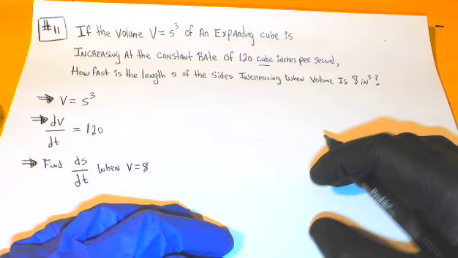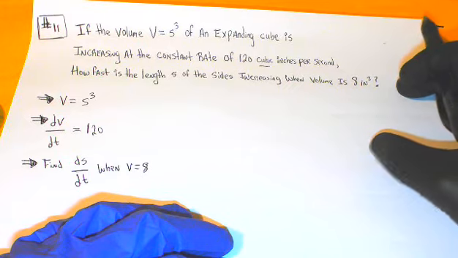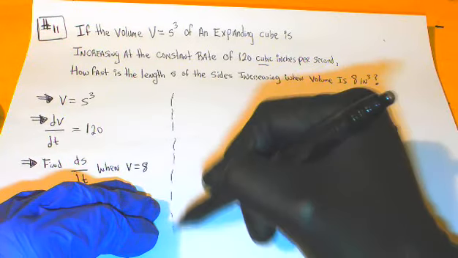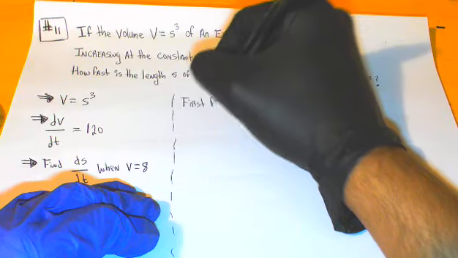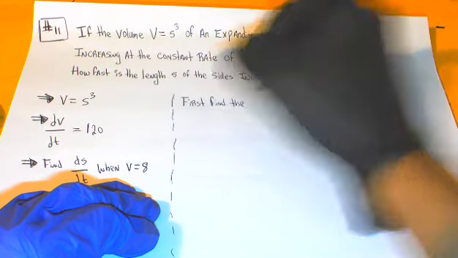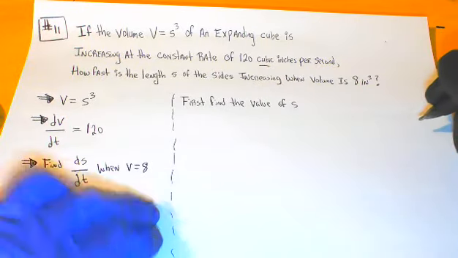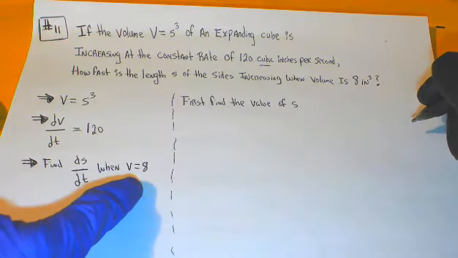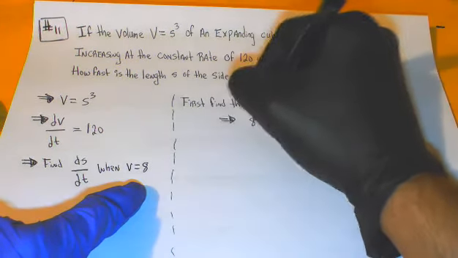Well, first of all, we need to figure out the value of S when V is 8. So first, find the value of S. Since volume is equal to S cubed and volume is equal to 8, then 8 equals S cubed.